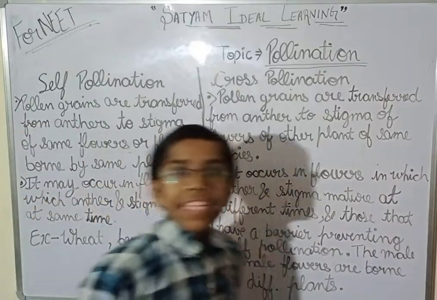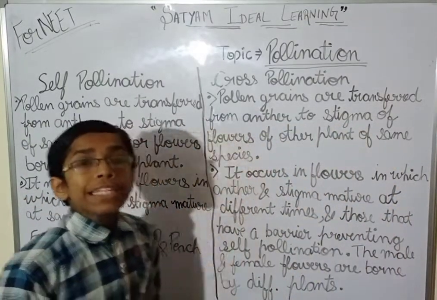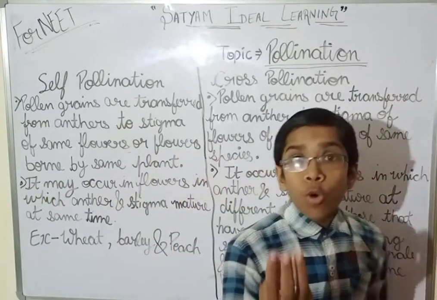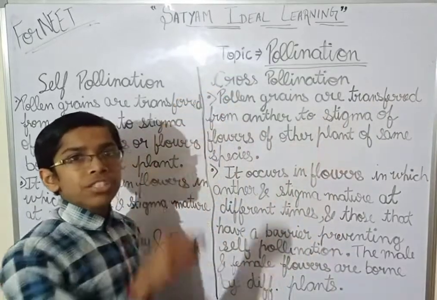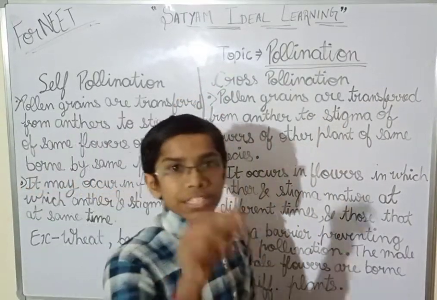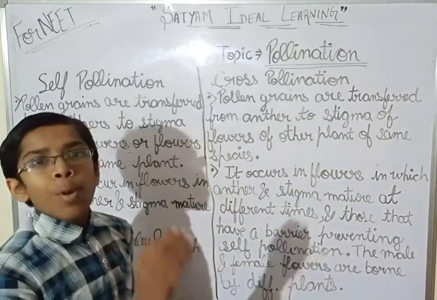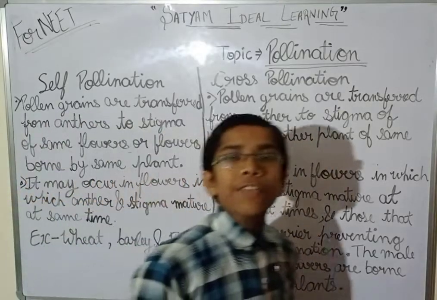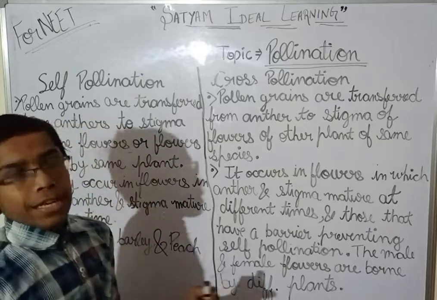Gynoecium is also known as pistil or carpel, and it consists of an ovary, a style, which is a tube-like structure, and a stigma at the top, which receives the pollen grains produced by the anther of the male reproductive organ, by the stamen. This is clear.